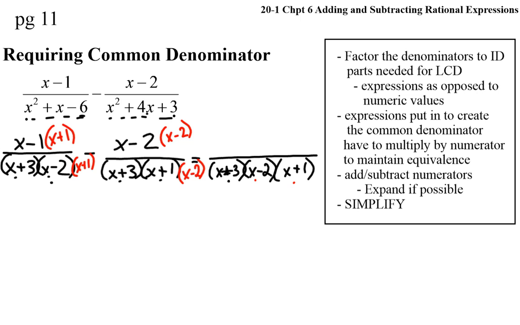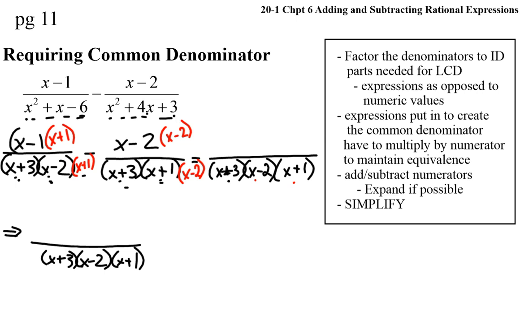I'm going to move down just for spacing. Here we go. Our common denominator is x plus 3, x minus 2, and x plus 1, because that's all the parts from each of the two rationals.